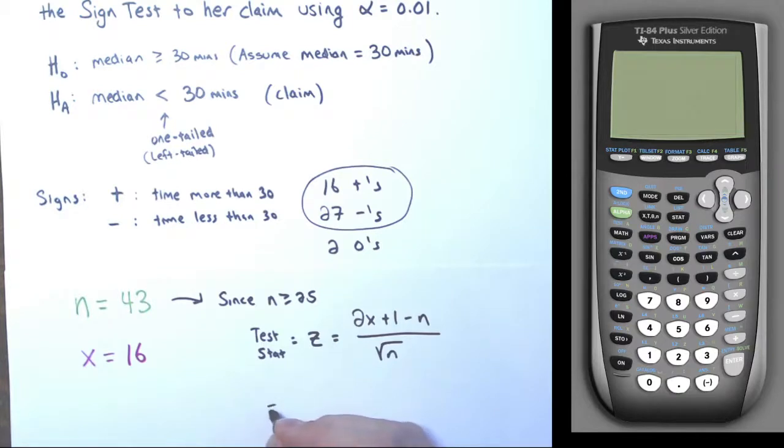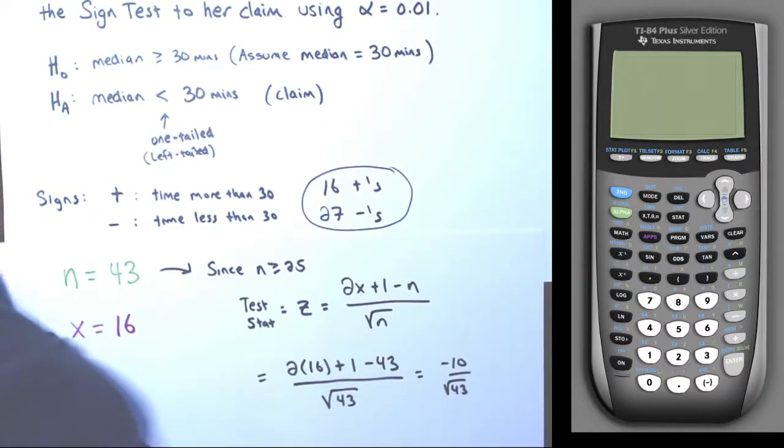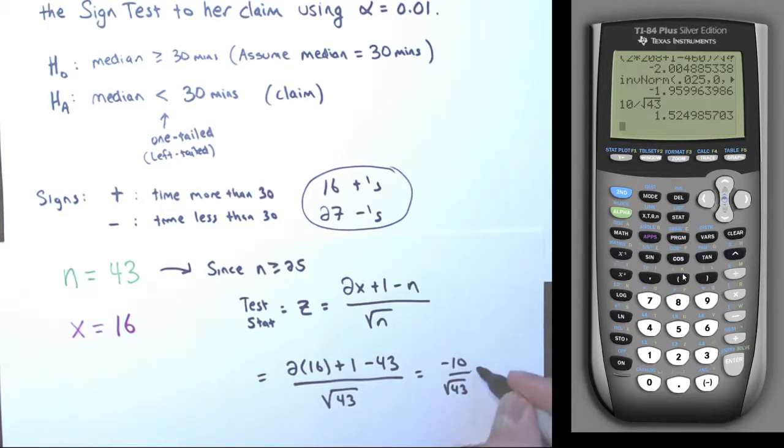So that's 2 times 16 plus 1, so 32 plus 1 is 33, minus 43, divided by the square root of 43. So that's negative 10 divided by the square root of 43, which is approximately negative 1.52. So there's my test statistic.